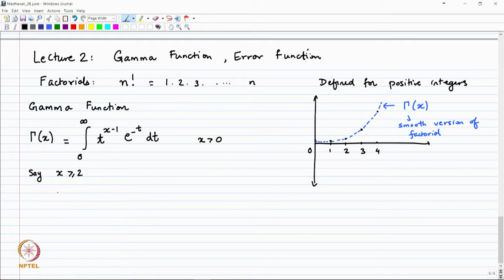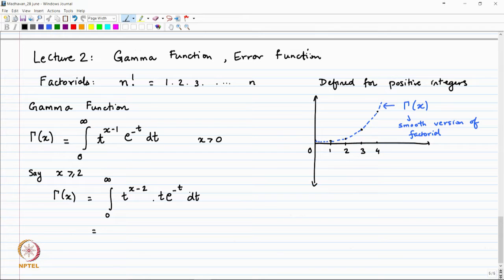So what I can do is write gamma of x, with an integration by parts, as the integral from 0 to infinity of t raised to x minus 2, into t, e raised to minus t, dt. Basically I am writing it as x minus 2 plus 1, just to make the story short.